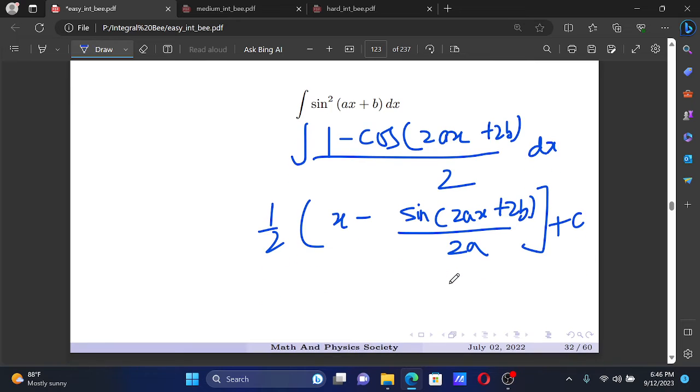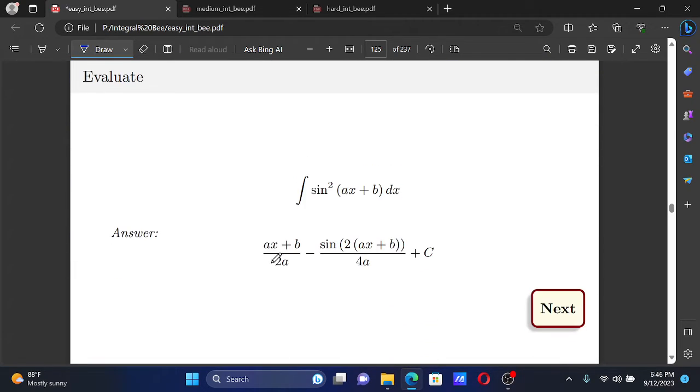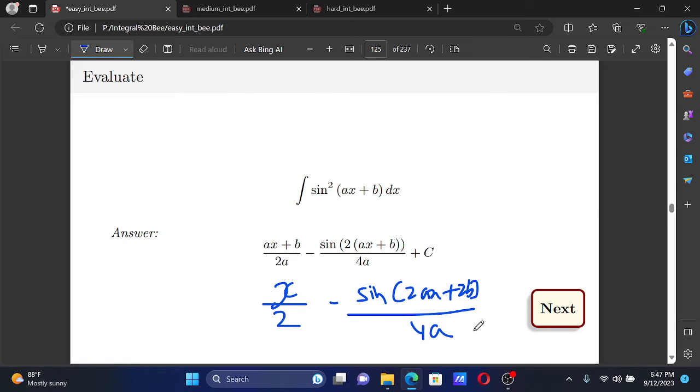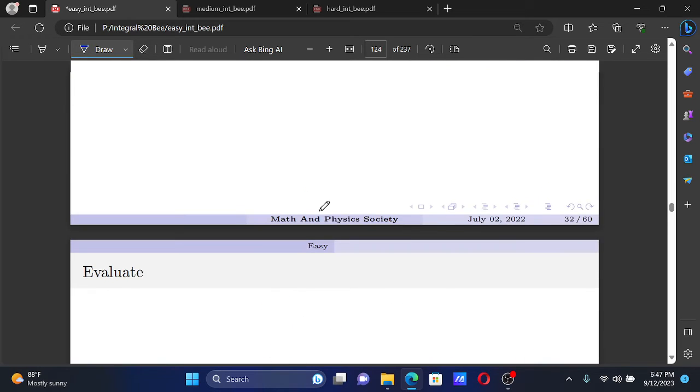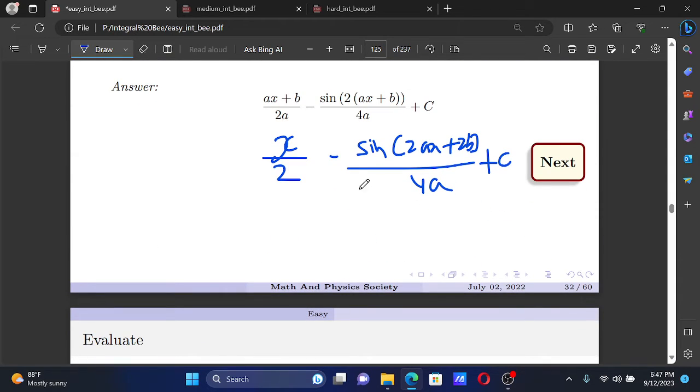So that's the answer. It's in a bit different form, but it's again x by 2 minus sine of (2ax plus 2b) by 4a plus c. Same answer, since this is b by 2a, it can be taken into the constant.